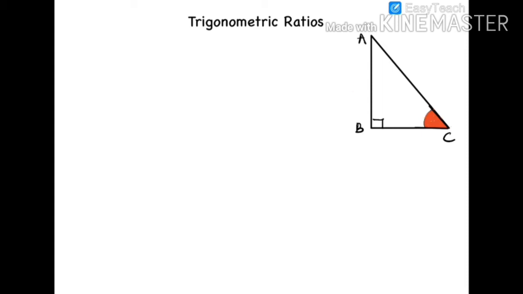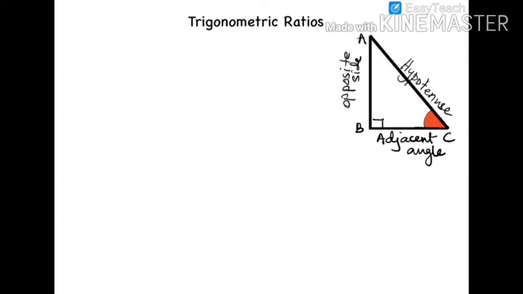So this side is called as opposite side. The side which is opposite to the right angle is called as hypotenuse. Now the third side, which is also an arm of this angle which we are considering, that is called as adjacent side.